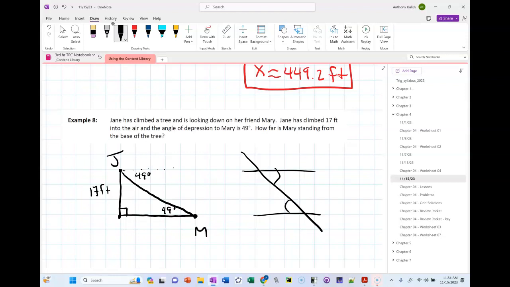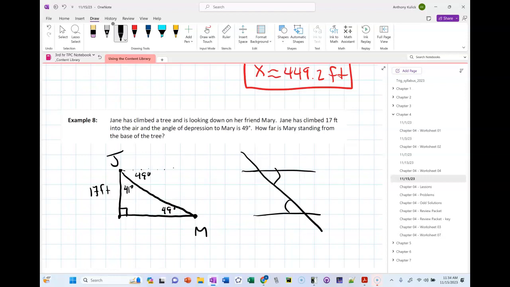Alternate interior angles are congruent. So you could use that to label angle M as 49, or you could use the fact that those two angles at J need to be complementary and label that angle at J to be 41. Either one will get you the correct answer. Is that okay with everybody?